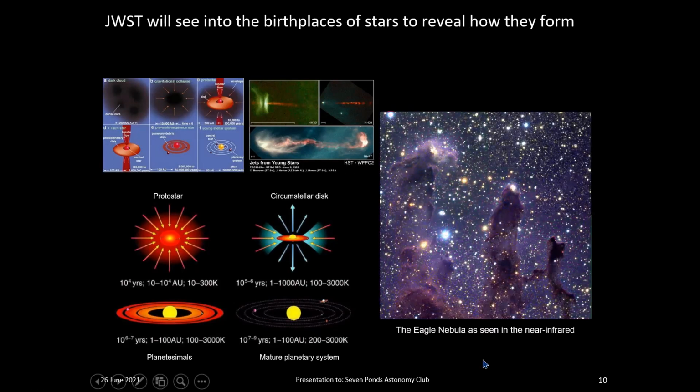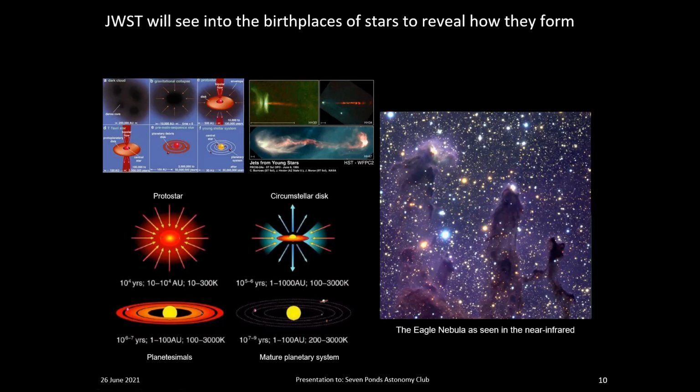However, if we observe that same field in the infrared, the longer wavelength infrared light can see through the dust and get a much better view of star formation that is occurring in these giant molecular clouds. These giant molecular clouds collapse onto themselves due to self-gravity. And as they do that, the pressure inside the cloud becomes very, very high.